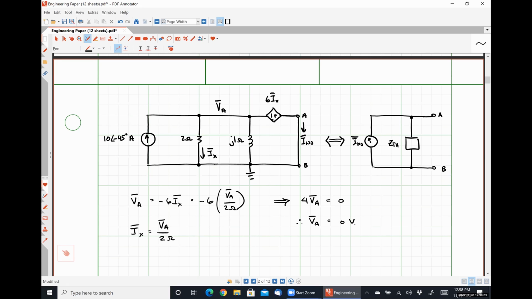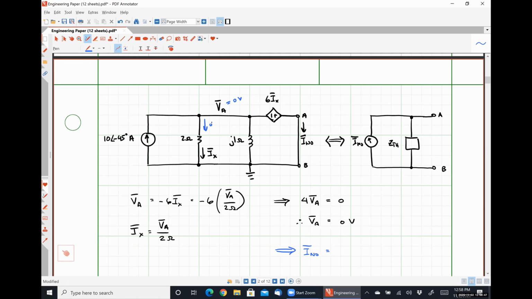All right. So here's the $1 million question then. What's I Norton? Incorrect. So if VA is 0 volts, then that means this current IX is 0, right?